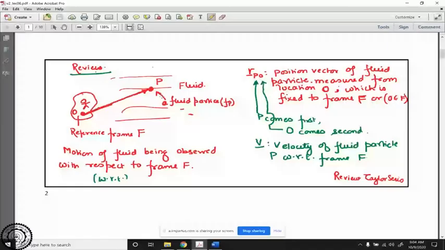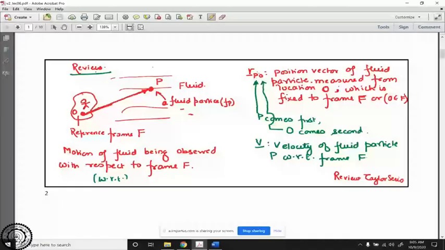And I will use this symbol r_PO. What does r_PO represent? r_PO represents position vector of fluid particle P, right now what I've shown here, measured from location O, where O is fixed in frame F. All right, so this will be the order. P comes first, O comes second. P is the point, so the position vector is going from O to P. I write P first and O second.